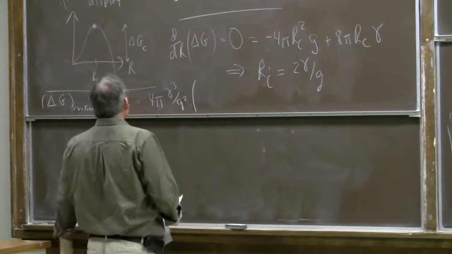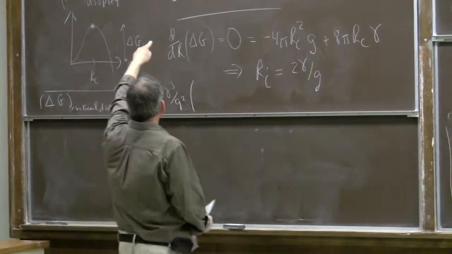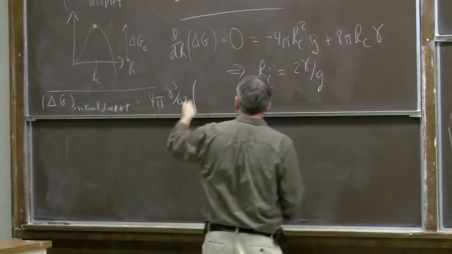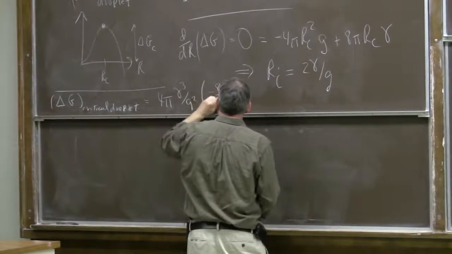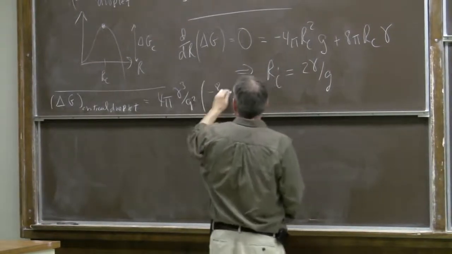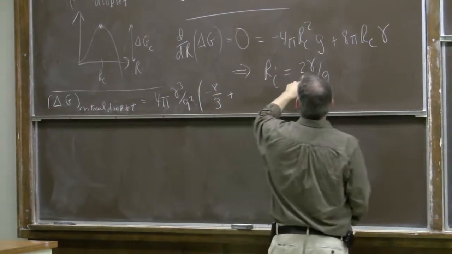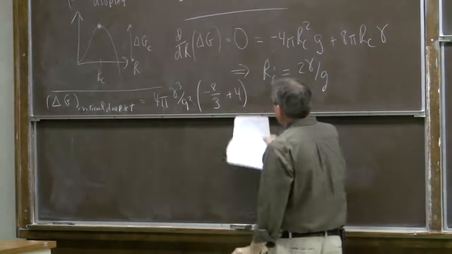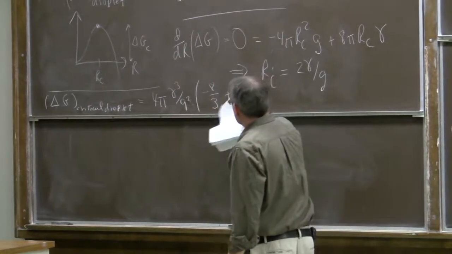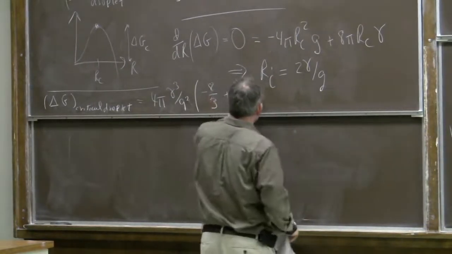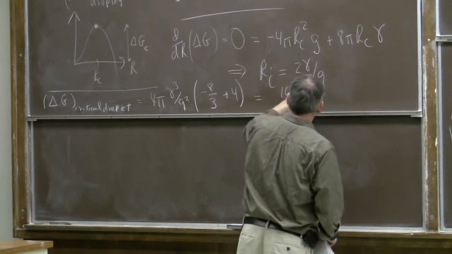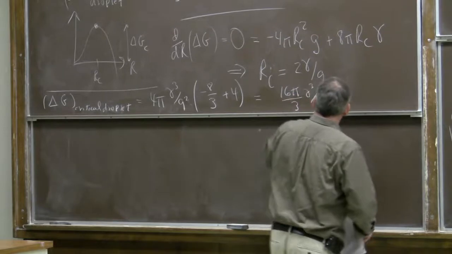Then from the minus 4 pi over 3 r cubed, I get this 2 cubed, so it's minus 8/3. And then plus 4 from squaring the 2 in the second term. So this is plus 4/3 times 4 pi, or 16 pi over 3 gamma cubed over g squared.